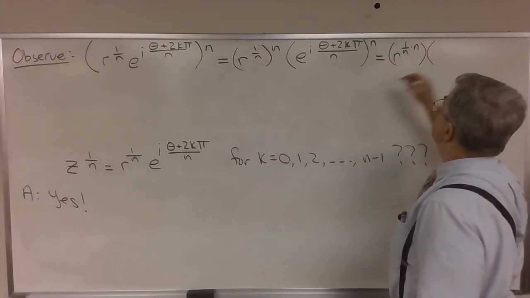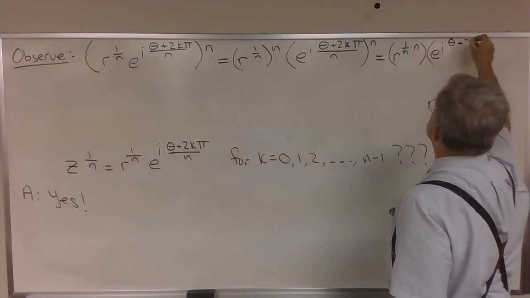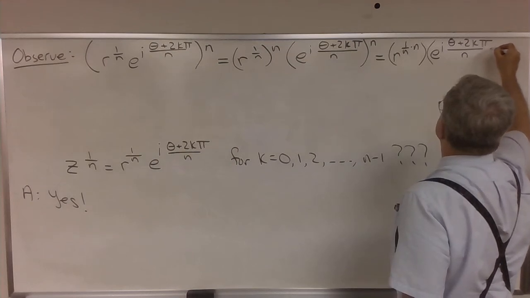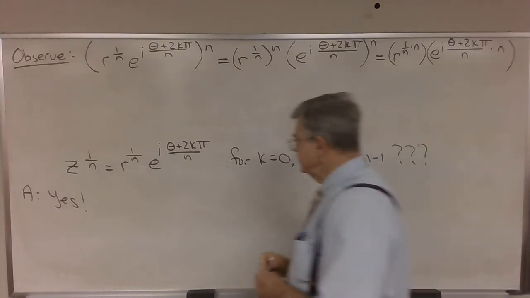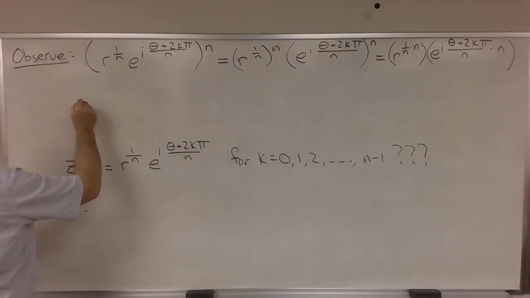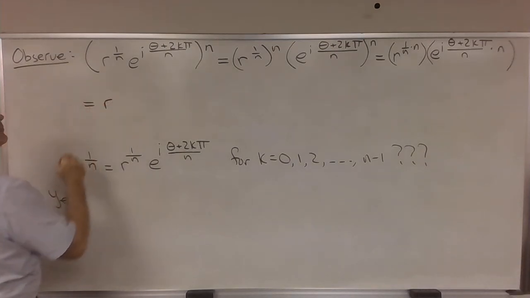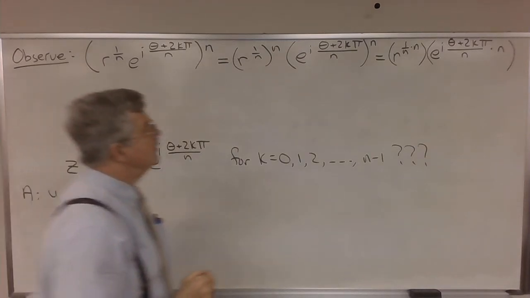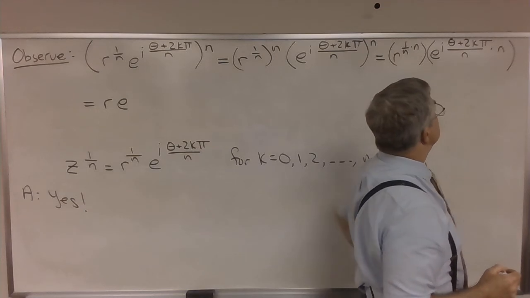These exponents multiply as well. Well, n times n, they cancel.